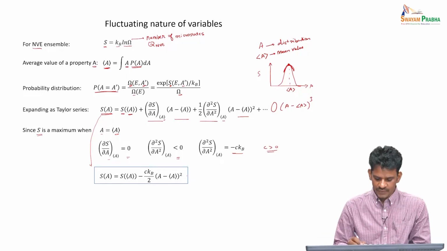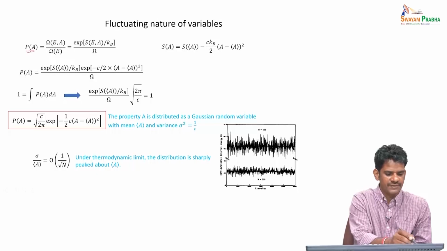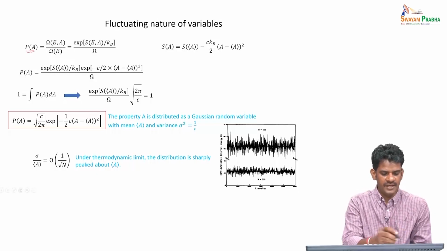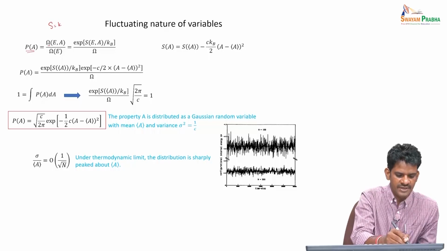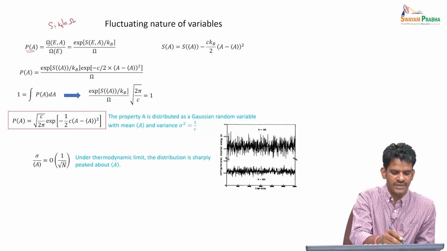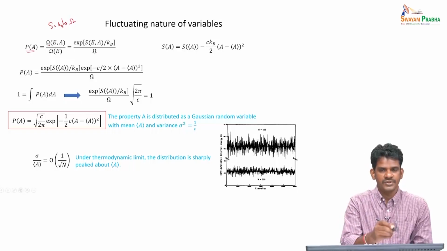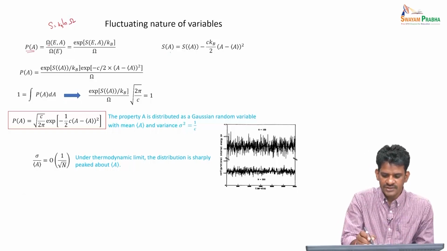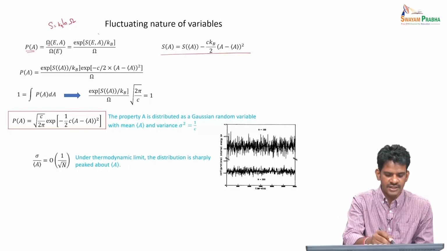Now we have this entropy, we can go and substitute in the expression for the probability function for a particular value of A. Here omega is written as exponential of the entropy. That is because we know that S is equal to K B times ln omega, so omega is nothing but exponential of S by K B. Now we substitute the Taylor series expansion in this expression.